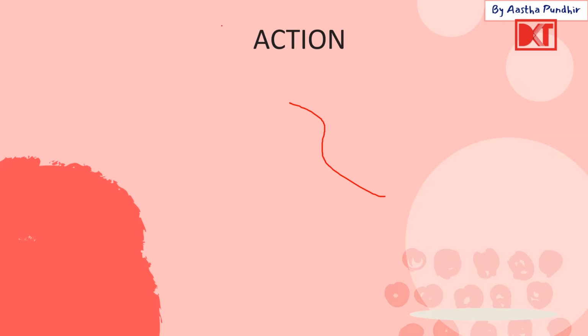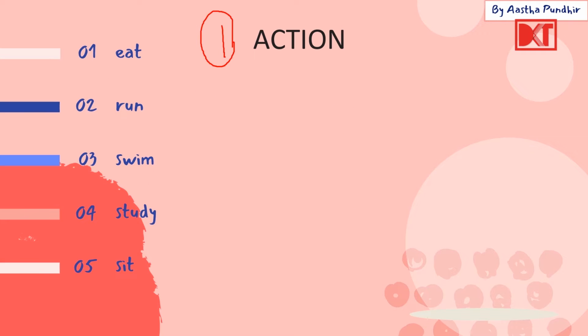Now the first thing represented by the verb is action, right? So let's see some action verbs, like eat. Now eat is a verb, run is an action, it's a verb, swim is an action, that's also a verb, study, that's also an action, that's also a verb, sit is also an action, it's a verb.